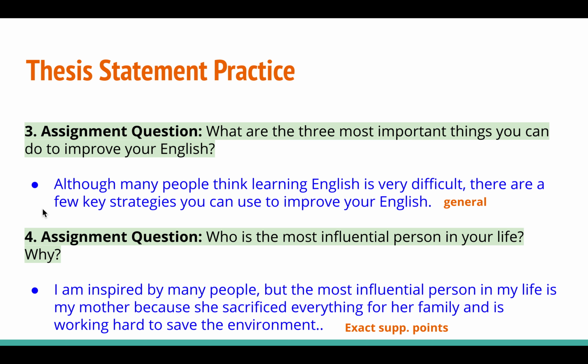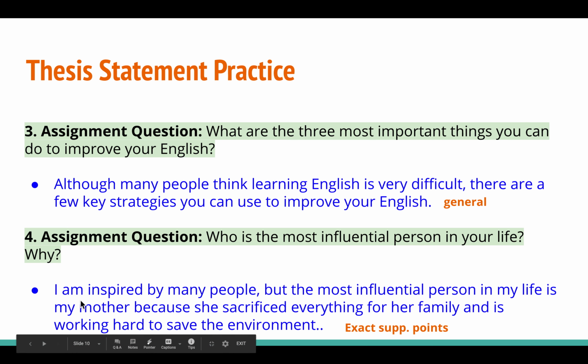In number 3, I wrote a general one as well. Although many people think learning English is very difficult, there are a few key strategies you can use to improve your English. So here, a few key strategies is the general information, but I don't know exactly what those strategies are, so I'll have to read the body paragraphs to find out.